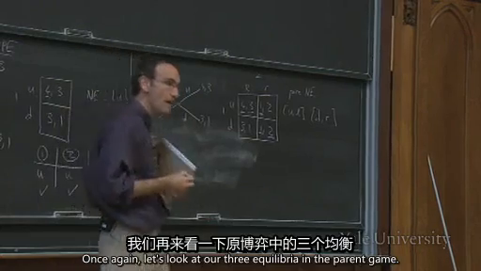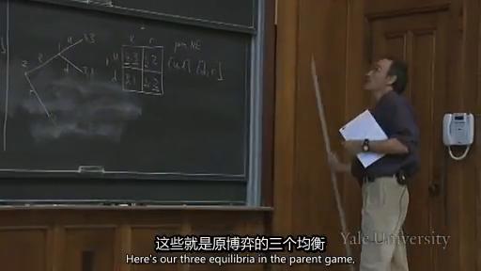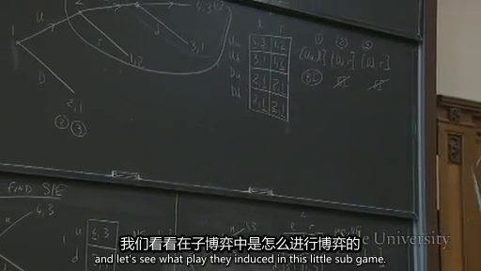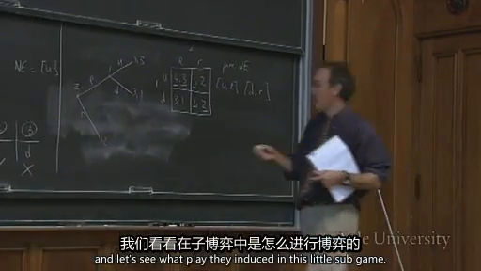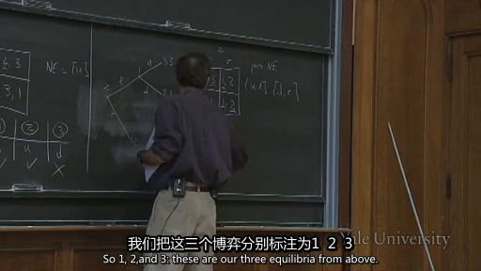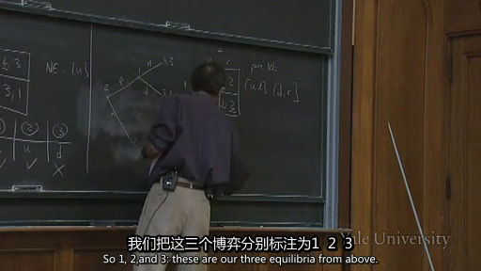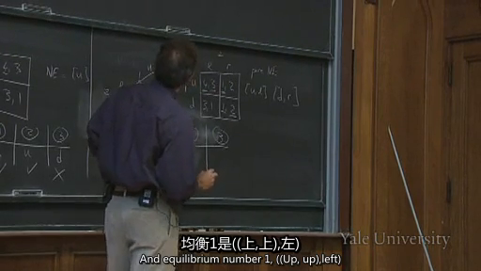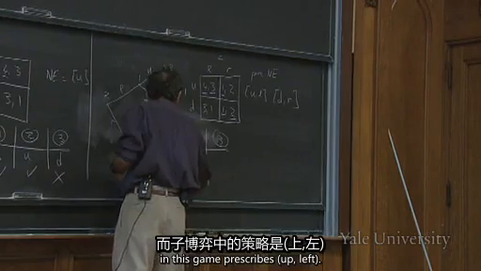All right, and once again, let's look at our 3 equilibria in the parent game. Here's our 3 equilibria in the parent game. And let's see what play they induce in this little subgame. So we'll do exactly what we did before. So 1, 2, and 3. These are our 3 equilibria from above. And equilibrium number 1, up, up, left, in this game prescribes up left.